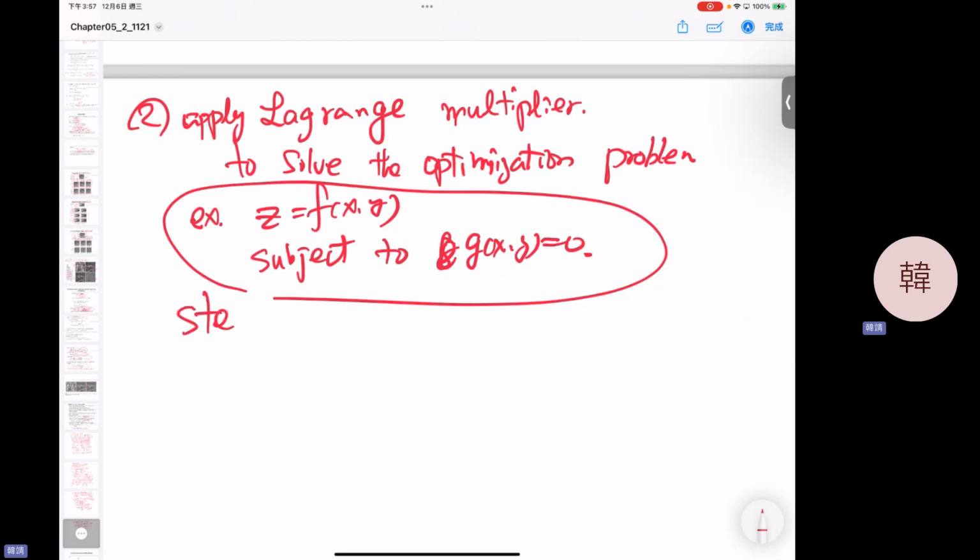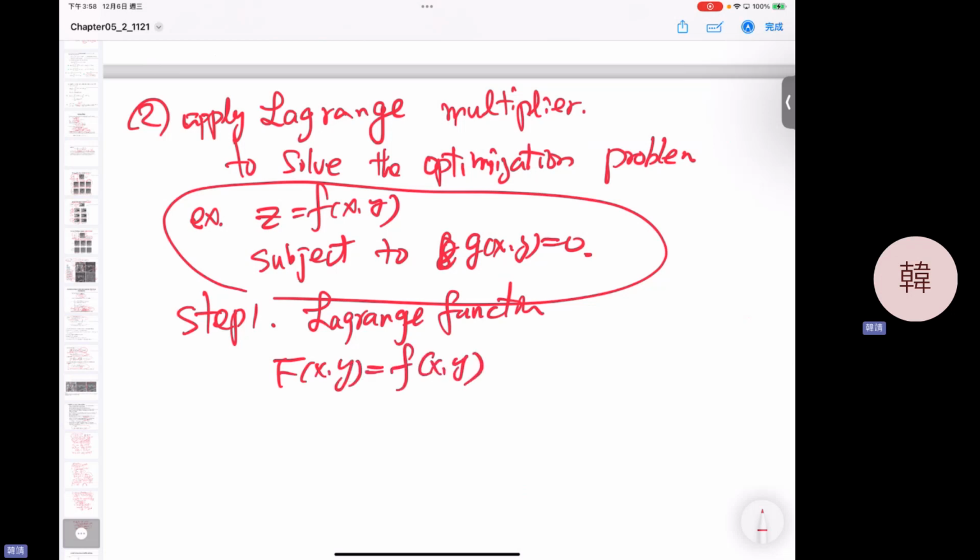Step 1: write out the Lagrange function. The Lagrange function L(x,y) equals f(x,y), your original objective function, plus lambda times g(x,y).